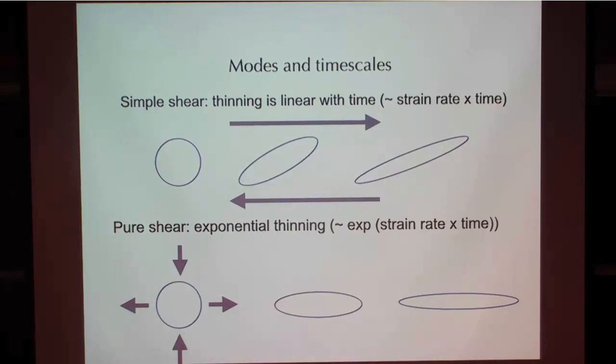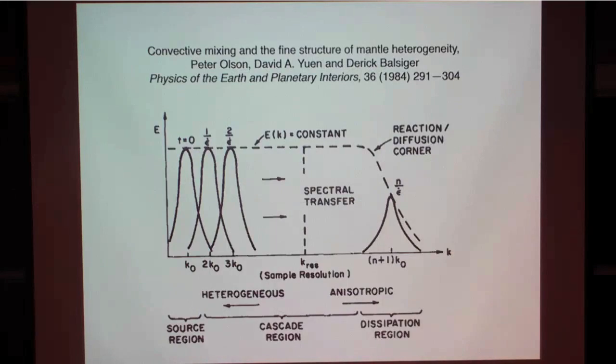And so most of the mixing is going to take place, for example, at places where you have pulling apart or coming together, such as mid-ocean ridges and subduction zones. So that's something to bear in mind.